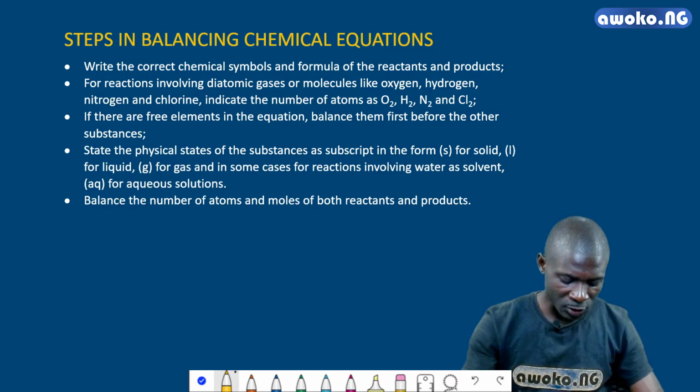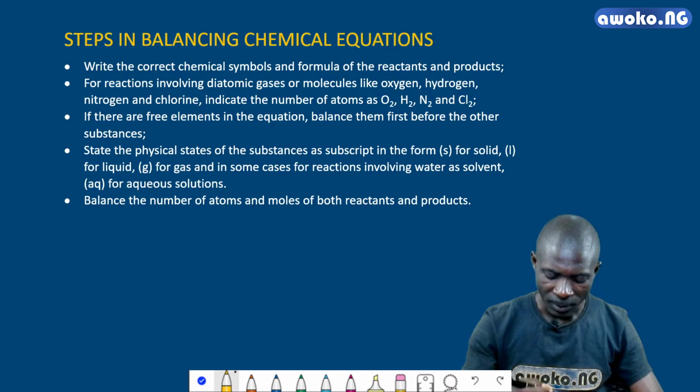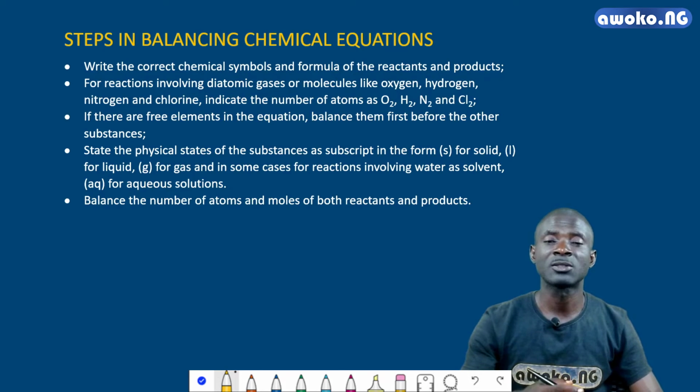Now, the number 3 step is, if there are free elements in the equation, balance them first before the other substances. In some cases we have free elements or free atoms in the equation, so those free atoms must be balanced first before we go into other atoms.